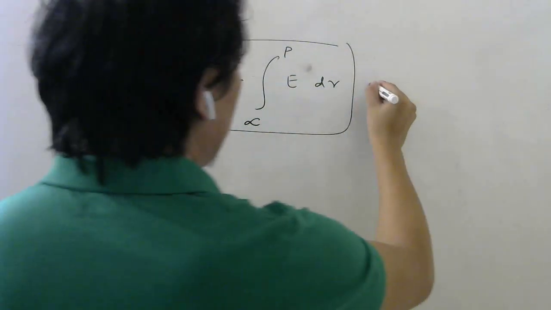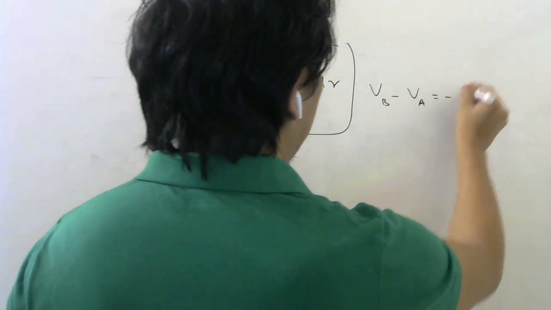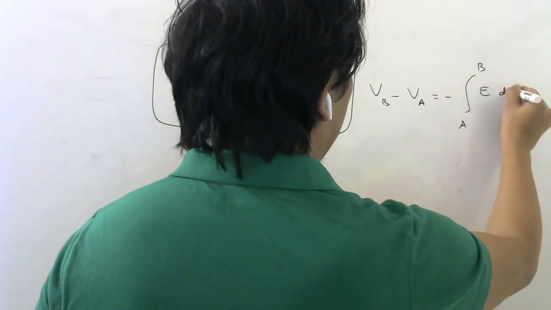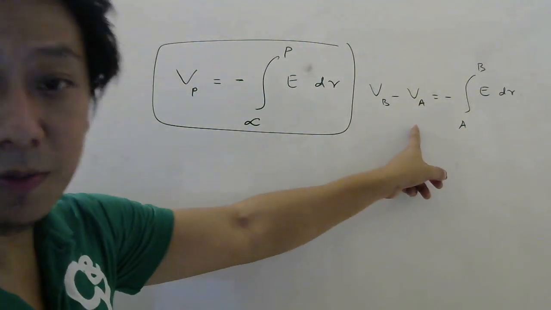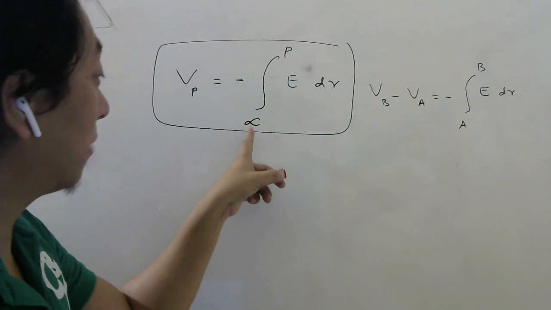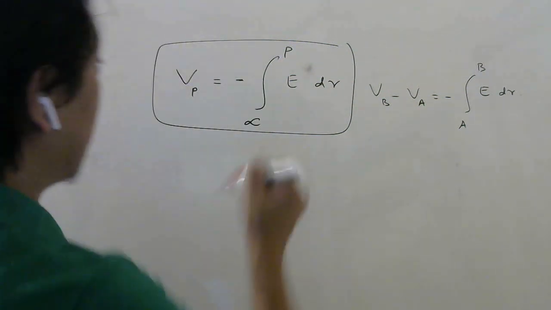And you can also use the potential difference formula, VB minus VA, that was integral from A to B of E dr, right? Okay, so any one we can use. This is to find potential difference between two points. This is to find potential at a point where I start from infinity to P. And if you remember, this represents what?